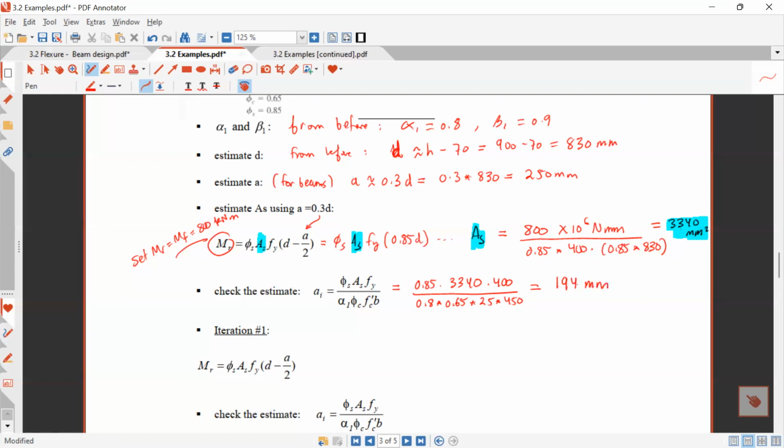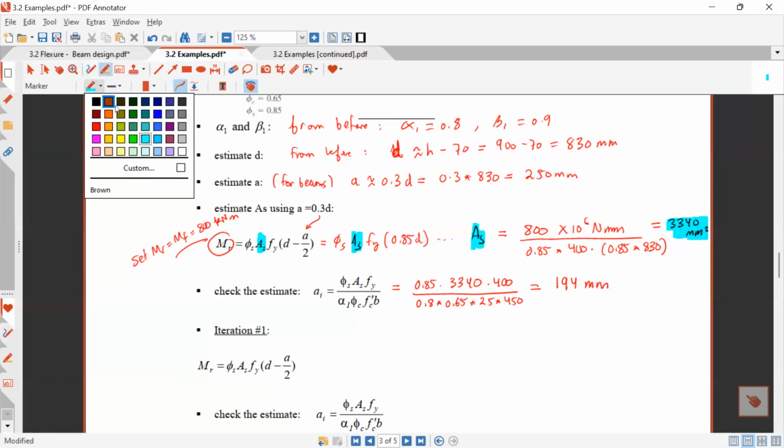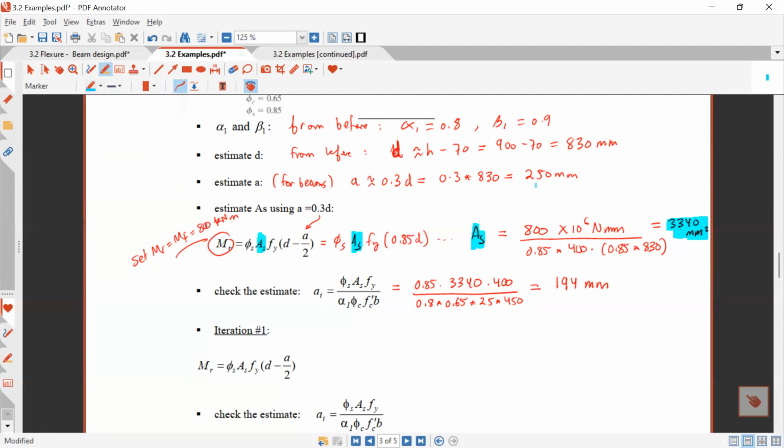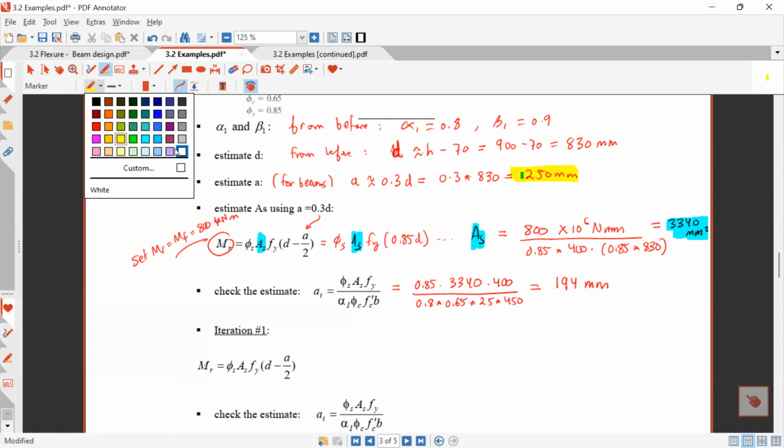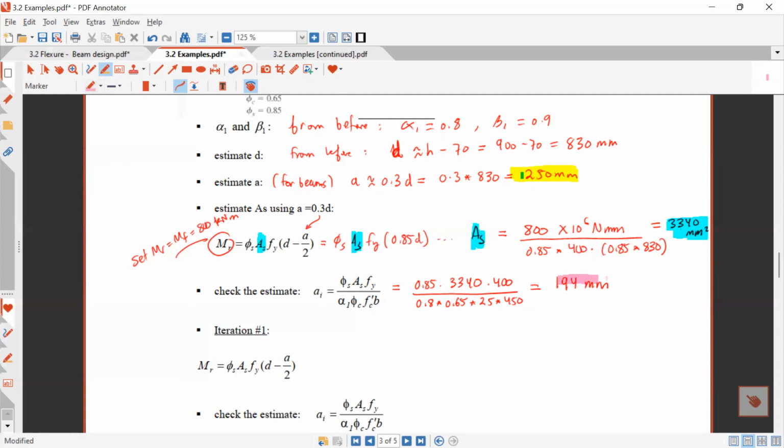Okay, so what do I do now? I take this one that we had in the beginning, and I compare it to the one we just calculated. We just calculated it and it's 194 millimeters. So I compare, is it within 5% of our initial estimate?